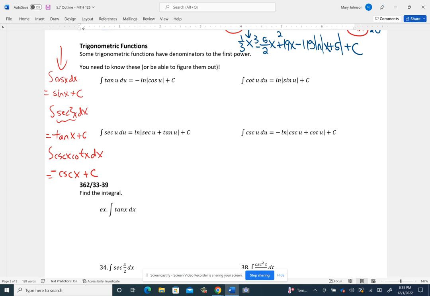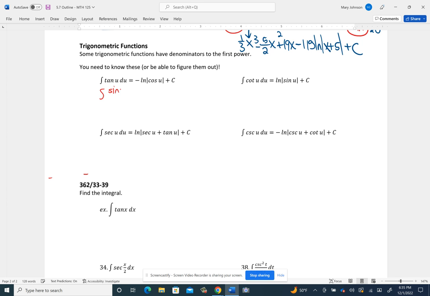All right, so let me erase this and clean it up, and let me show you where these first two rules come from on the left, how you can derive them. The first one is coming from the fact that the definition for tangent is really sine over cosine.